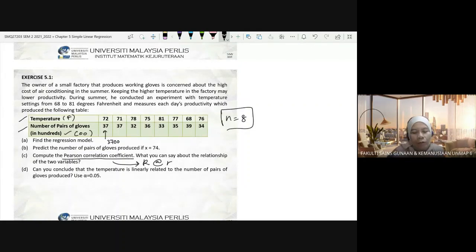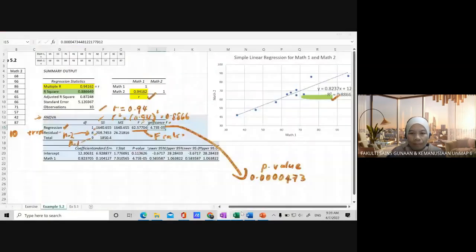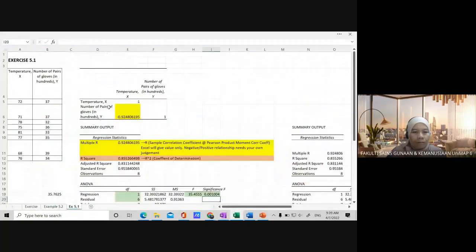Now class, I want you to copy this table to your Excel. I want everyone to use Excel and do the analysis using Excel. Can you do it now, class? Let's say you have this.